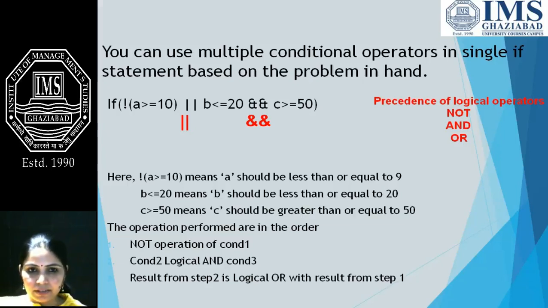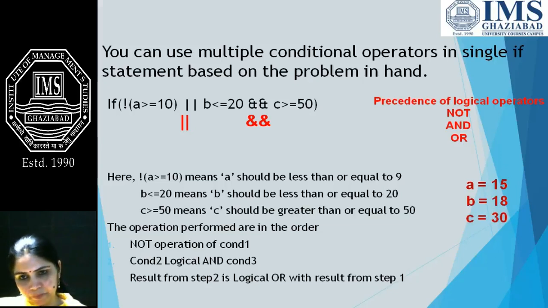Here I am writing the logical operators OR, and let's see the examples. My first example is A is 15, B is 18 and C is 30. A is 15. Yes, the condition is true because it is saying A should be greater than equals to 10. So it should be not of true. I hope it's clear.